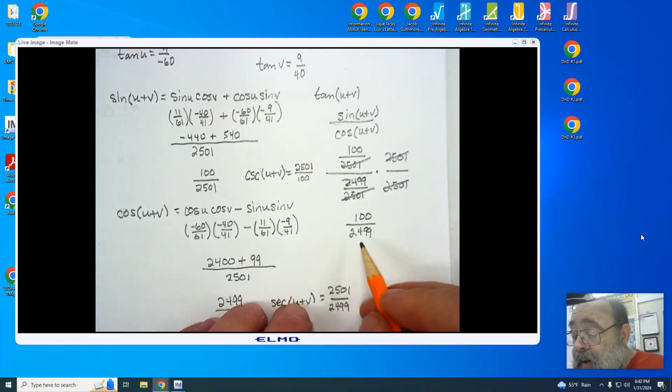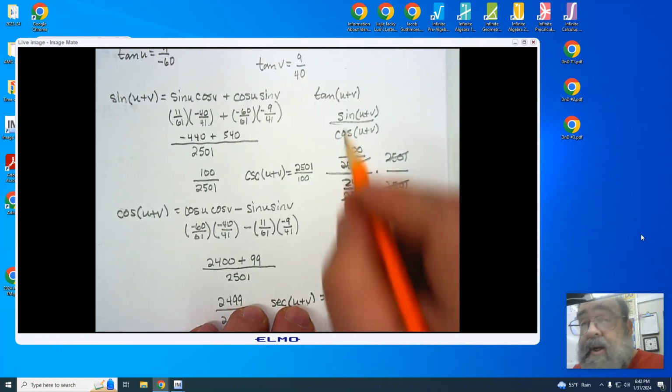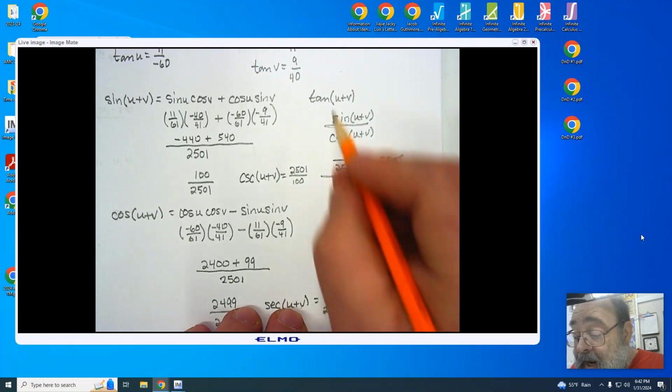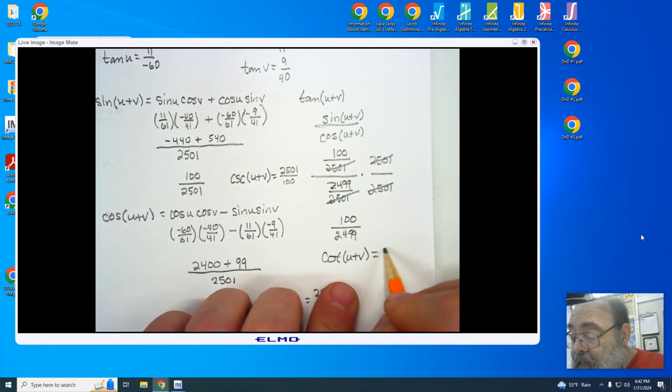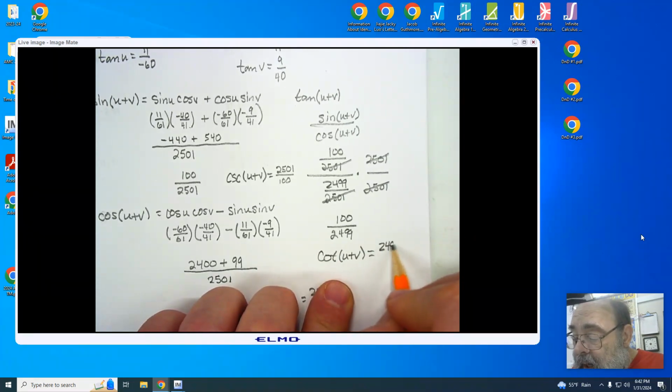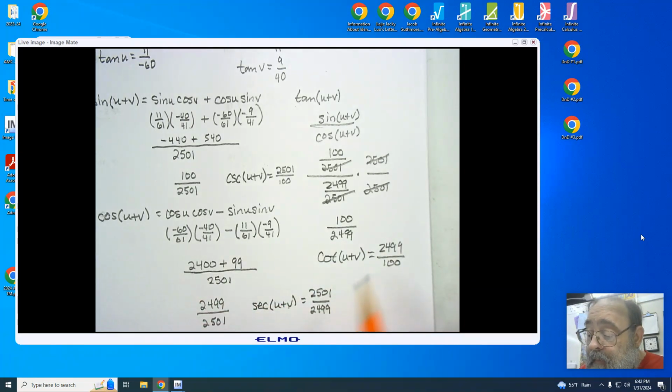The last one we're going to find is the reciprocal of tangent, which is the cotangent of u plus v. We end up taking the reciprocal of this, and we have 2,499 divided by 100. These are now the four values that we were seeking at the beginning.